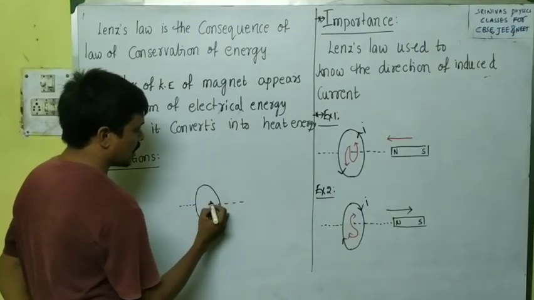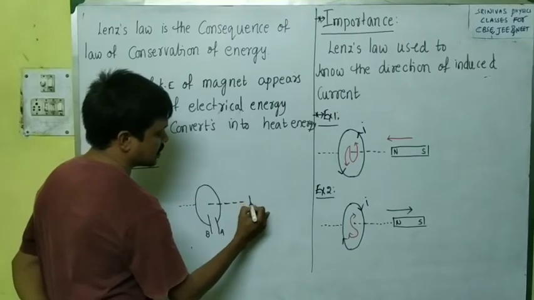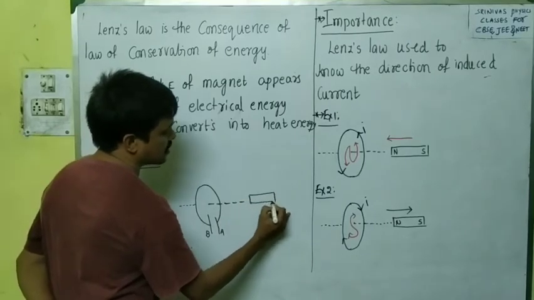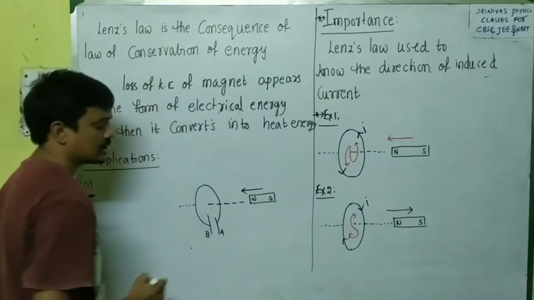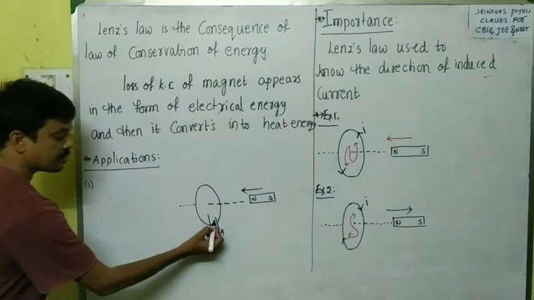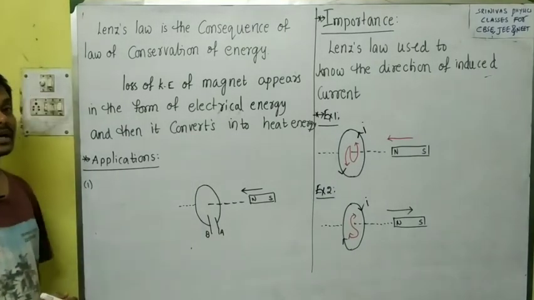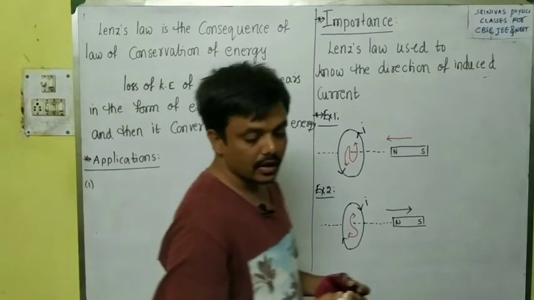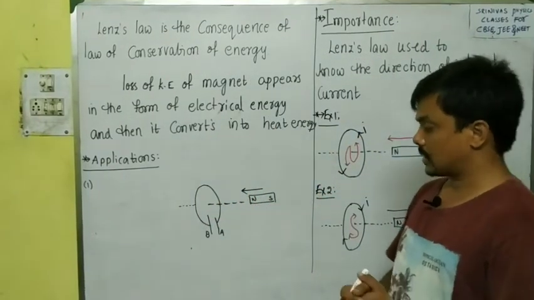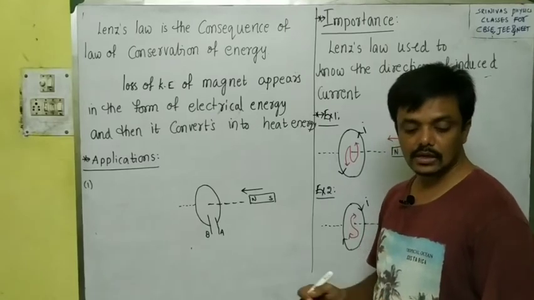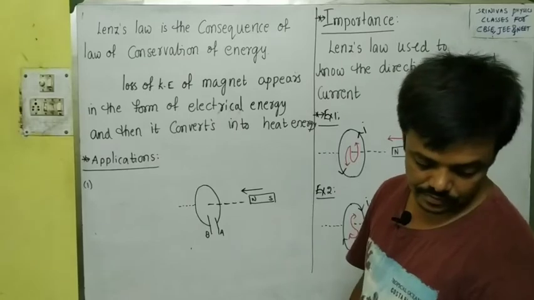Now when we move the north pole of the magnet towards the loop, which plate of the capacitor will act as positive and which plate will act as negative? This is our question. Try for 1 second. Let us see for that.